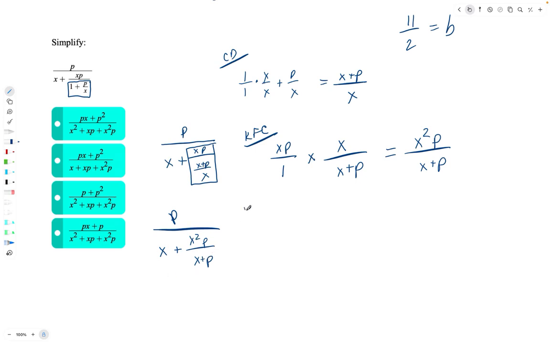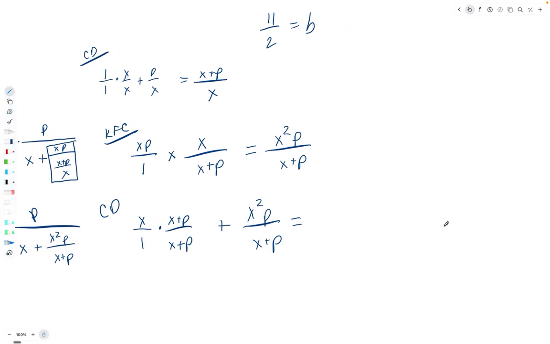Well, now we do common denominator between these two. So I'm going to multiply x over 1 times x plus p plus x squared p over x plus p, right? That's going to give us a common denominator. We can add these together. So that's going to equal, let me scooch over just a little bit.